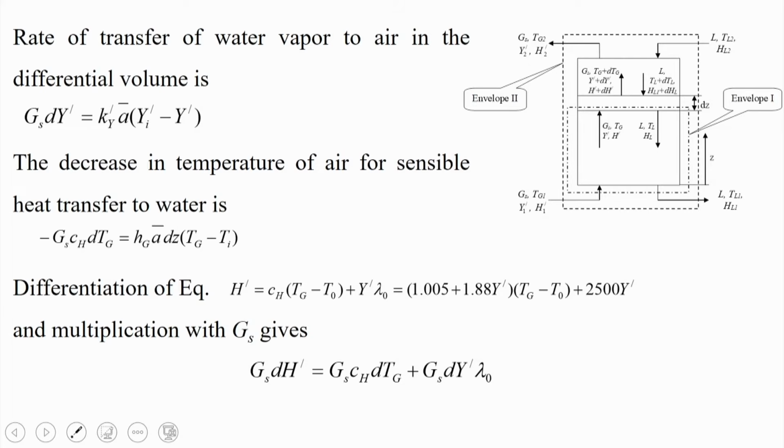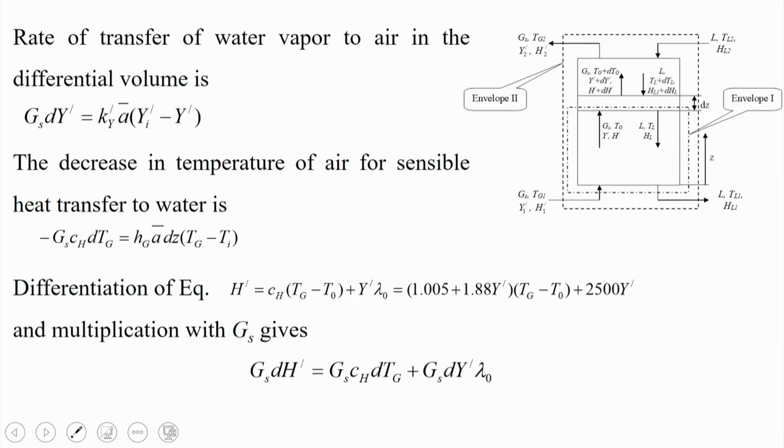Now, the rate of transfer of water vapor to air in the differential volume: we have taken this dz as the differential thickness, and in that differential thickness we can say Gs into dy prime is equal to Ky prime into A bar into (yi prime minus y prime), whereas yi is the humidity at the interface.